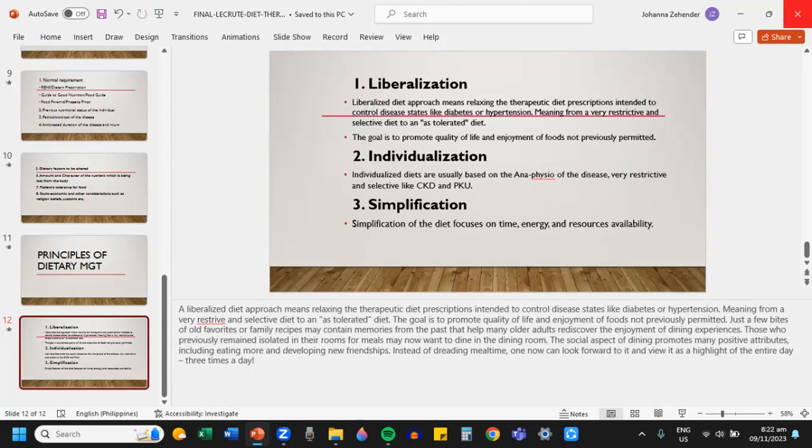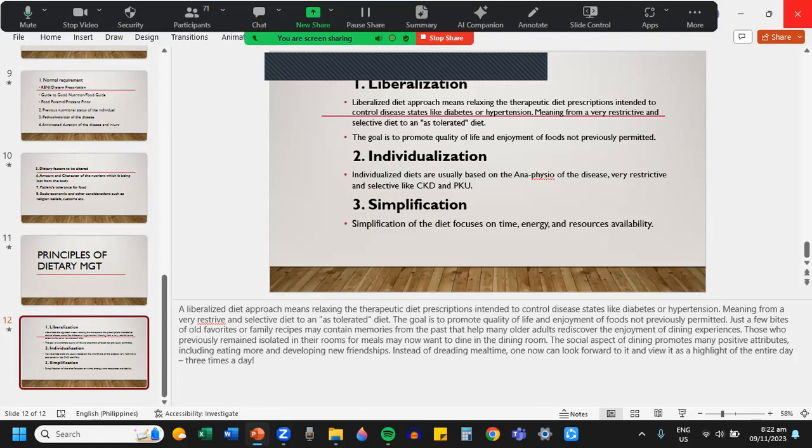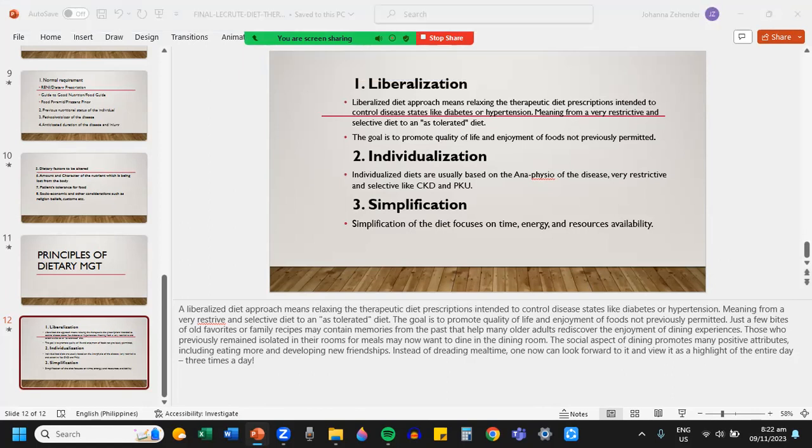Okay, so dati, for diabetics and hypertensive patients, grabe yung pagbabawal sa kanila with regards to sweet or sugary foods for diabetics, and for hypertensive patients, talagang bawal sila sa mga fatty and salty foods.